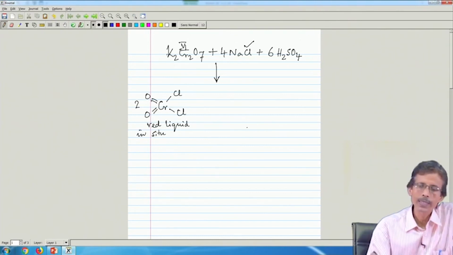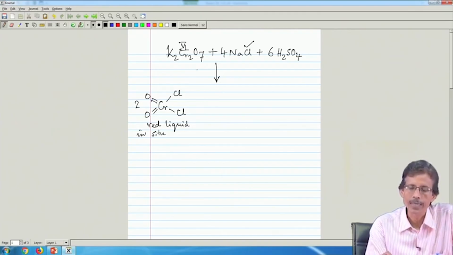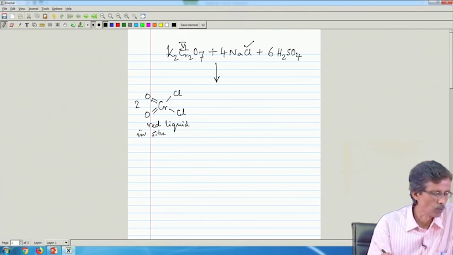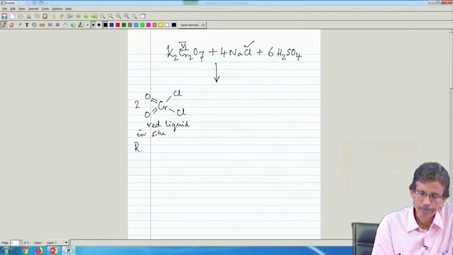So, in situ preparation will take place from the reaction of potassium dichromate with sodium chloride, because this is the source of the chloride which is attached to this particular chromium center. This particular reagent is a very good reagent. What sort of reagent?